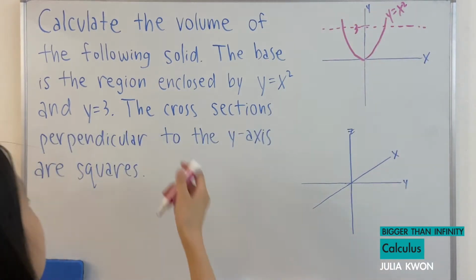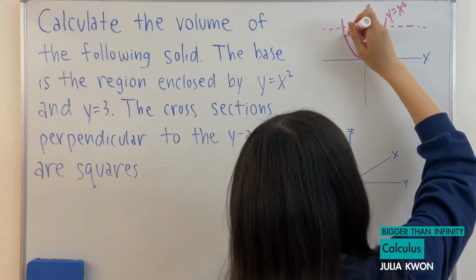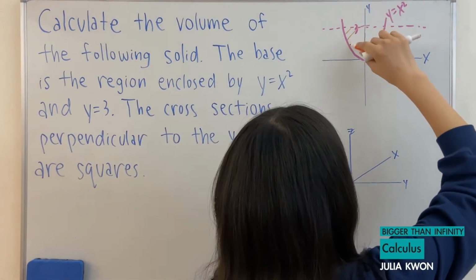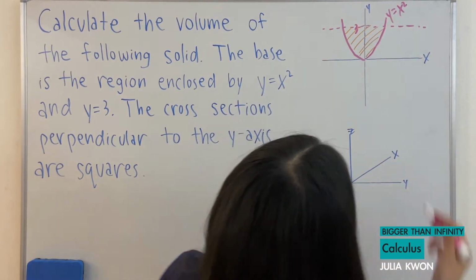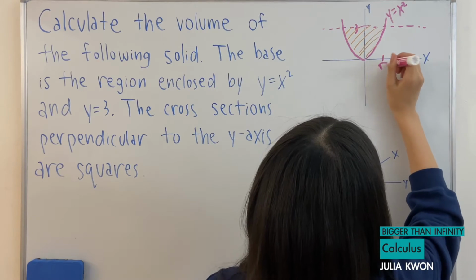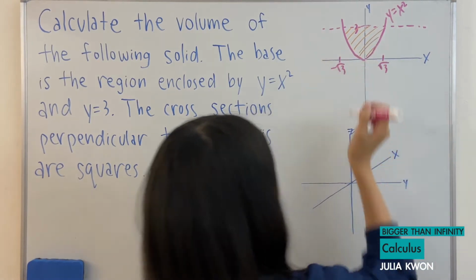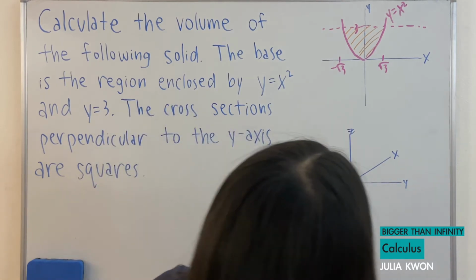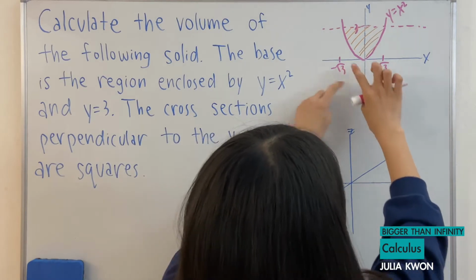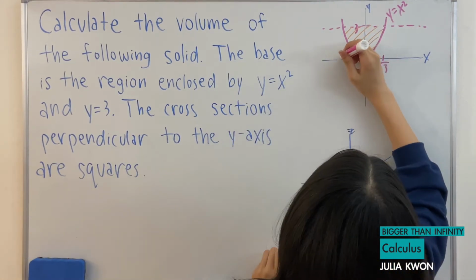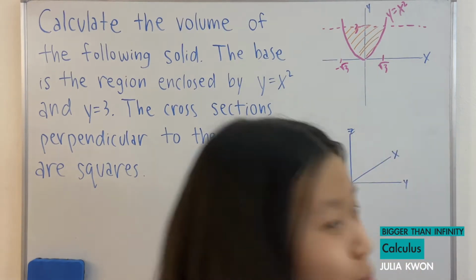So the base is this region that the problem is talking about. Here would be the square root of 3, and here the negative square root of 3, since that's where y equals 3. It's not really even, sorry.